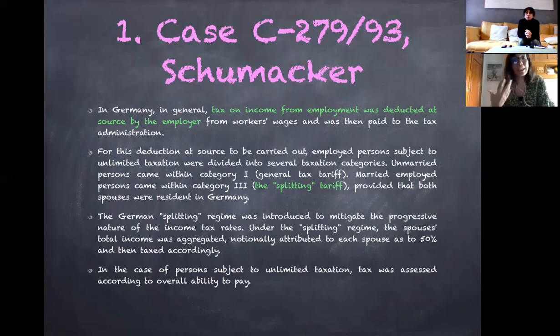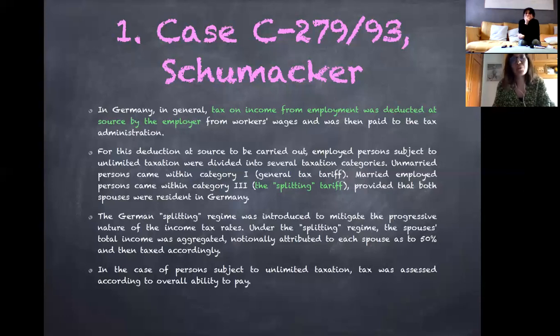German legislation, at least at the moment in which Schumacher was working there, we have different categories of taxpayers. In the first one were single persons, and in the third one we find marriages, so persons that were married to other German persons. The main advantage of this third category, category 3, is the application of what is called a splitting tariff.